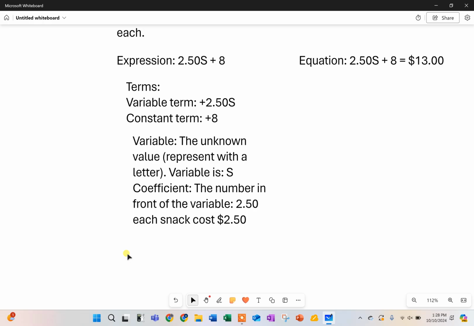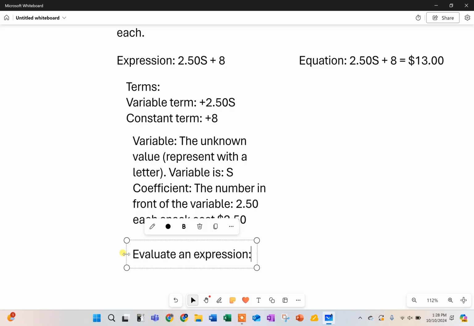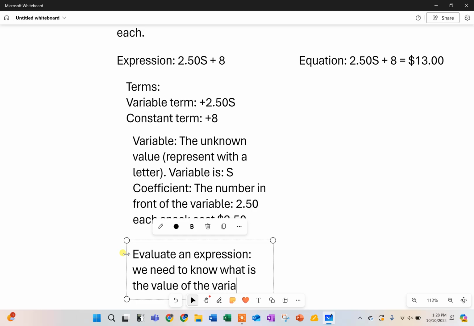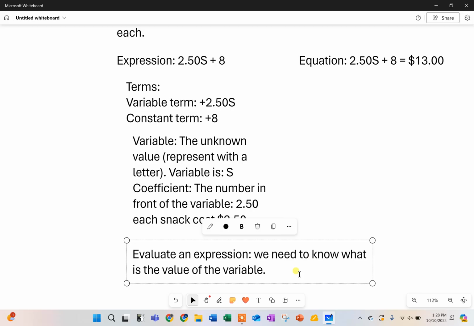Now, the last thing I need to explain is actually kind of important. If we want to evaluate an expression, we need to know what is the value of the variable. So, for example, I could say, well, what if I went to the movies and bought 0 snacks?